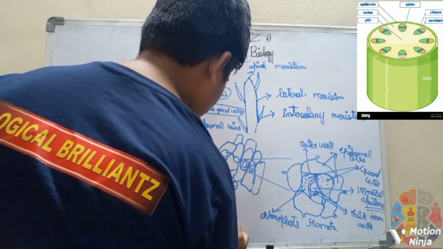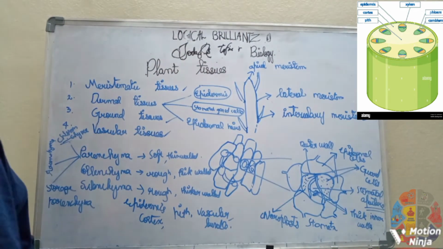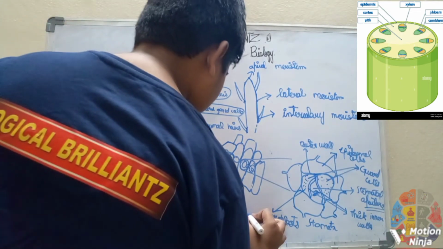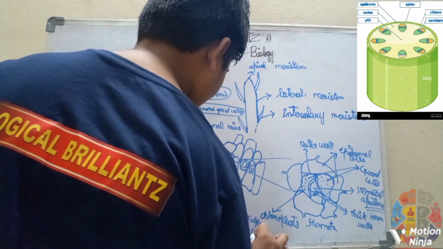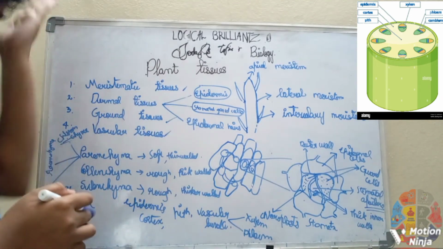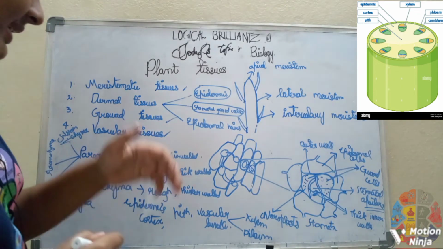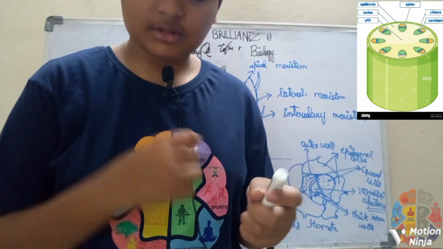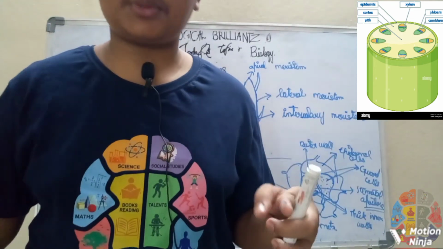Vascular bundle. And what is this vascular bundle? Vascular bundle is nothing but the combination of xylem and phloem. Xylem is a type of vascular tissue which transports water, salts, etc., which are liquid substances.